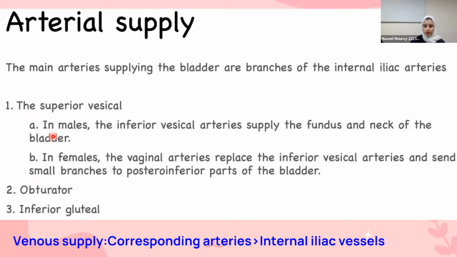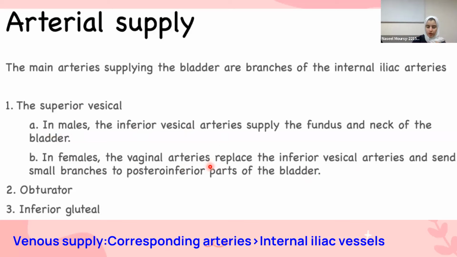In males, the superior vesical, from the name, supplies the superior part of the bladder. The lower part of the bladder would be supplied by the inferior vesical artery in males. Keep this in mind: superior vesical, inferior vesical in males. But in females, you have the vaginal arteries instead of the inferior vesical arteries. This difference is really important.